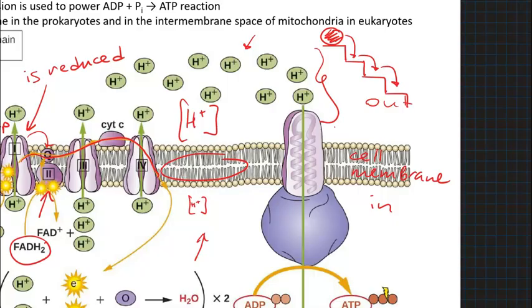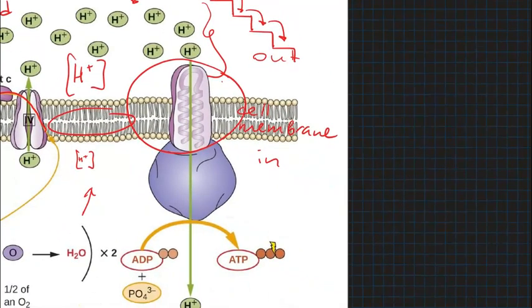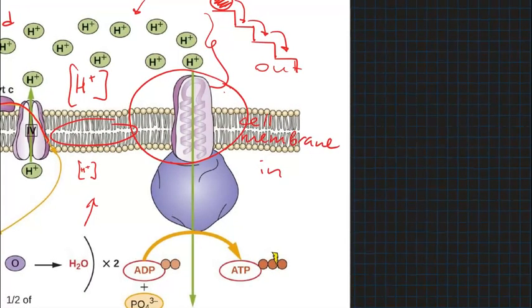This channel right here is part of a protein called ATP synthase. So hydrogen ions diffuse. This is the diffusion. Can you consider diffusion a movement? Sure.